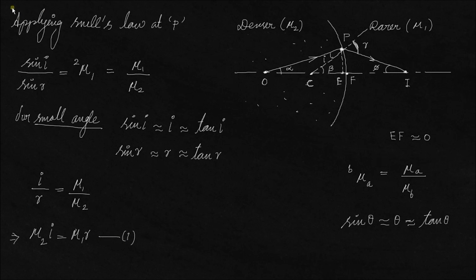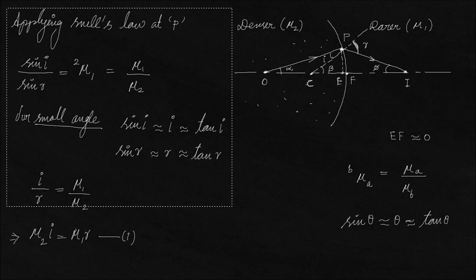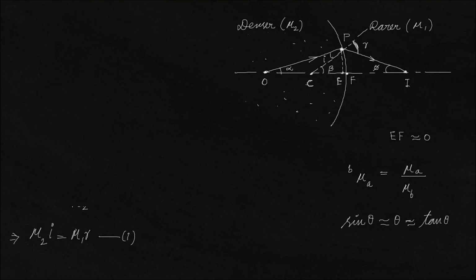Now let me take this triangle, that is, let me take this triangle OCP. So this is OCP, and we know this angle is alpha, this angle is the angle of incidence, and this angle is beta.